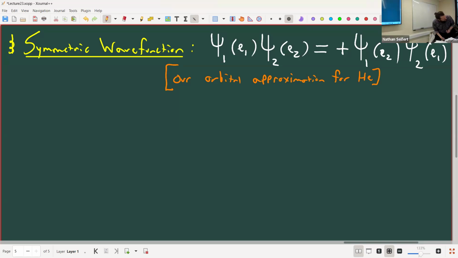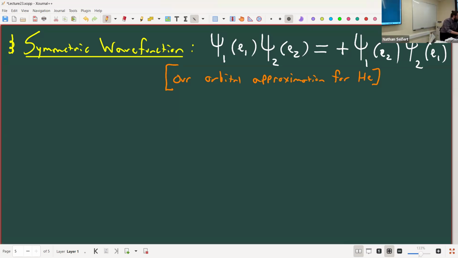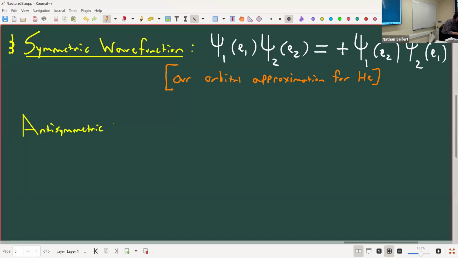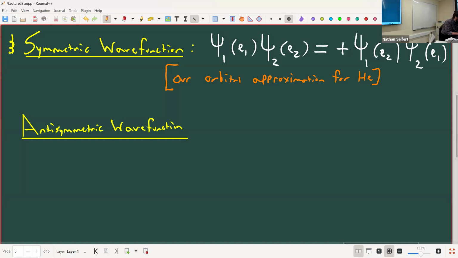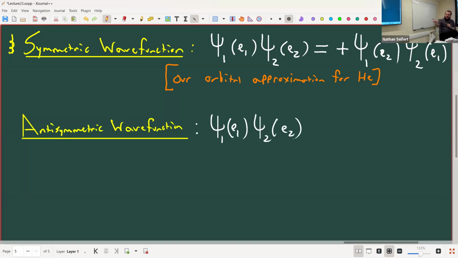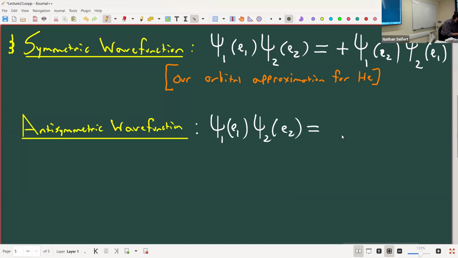All right, an antisymmetric wave function gives you a negative sign instead. So if we initially have a system where the wave functions are tracking the initially labeled electrons, and we swap them, we get a negative sign.